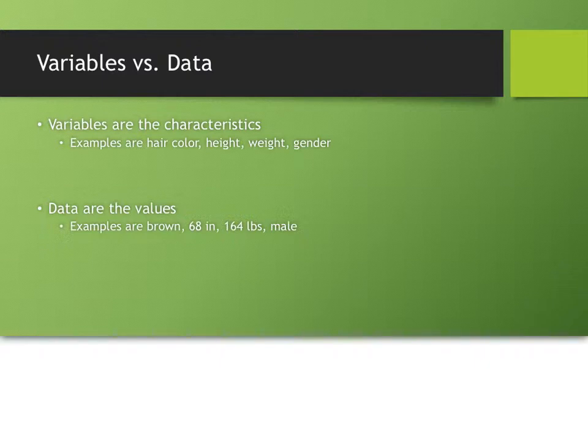So for instance, if I say I have a height of 5 foot 7 inches, height is the variable, and 5 foot 7 inches would be the data value. All right? If I said I am male, well, the gender is the characteristic, that's the variable, and male would be the value in that case.